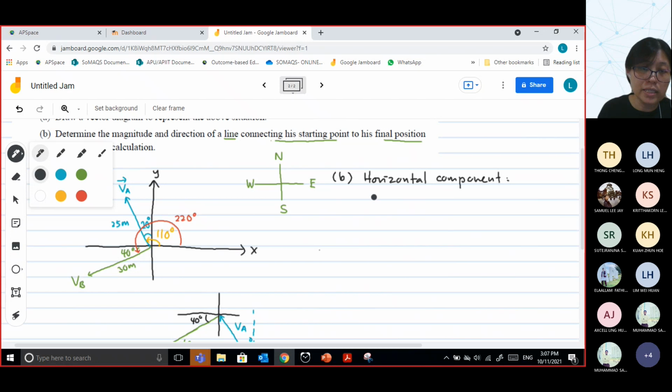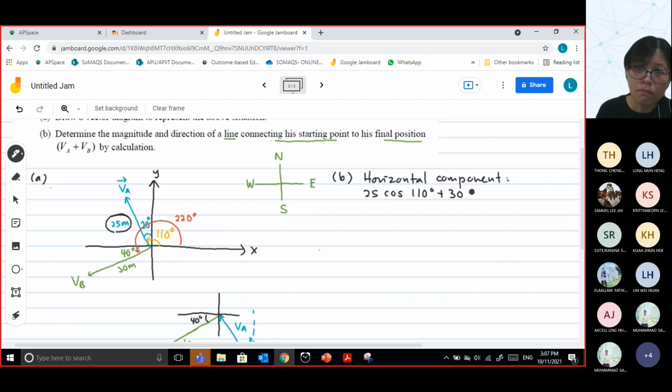So for the horizontal component, VA is 25 meter, so 25 times cos 110, the yellow angle, plus VB is 30 meter times cos 220, the red color. Find the answer.